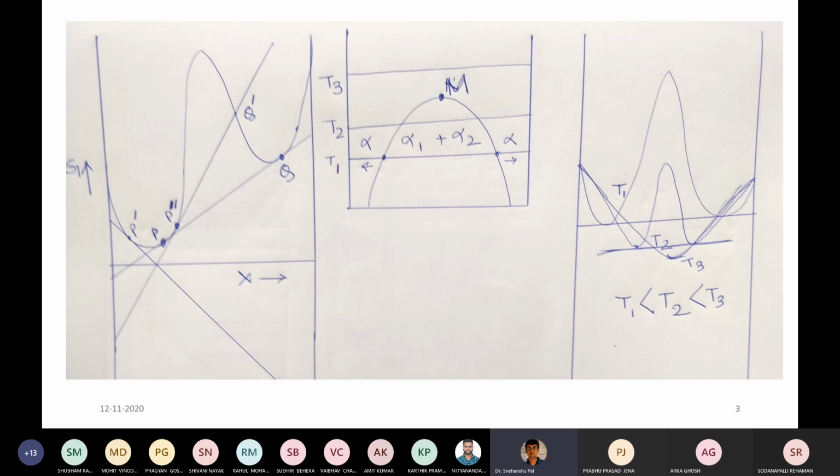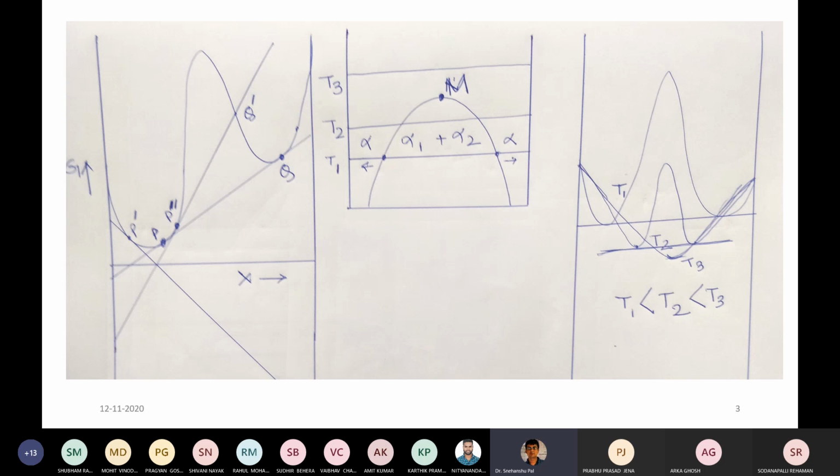Now if you look at the common tangent on the left side of your slide, mostly it is non-parallel to the horizontal axis. In that free energy composition diagram, if you look at the G versus X diagram, then you will see P and Q, the common tangent points of that curve.